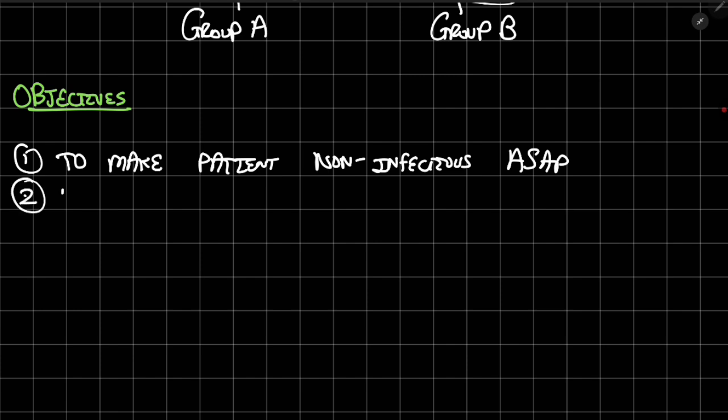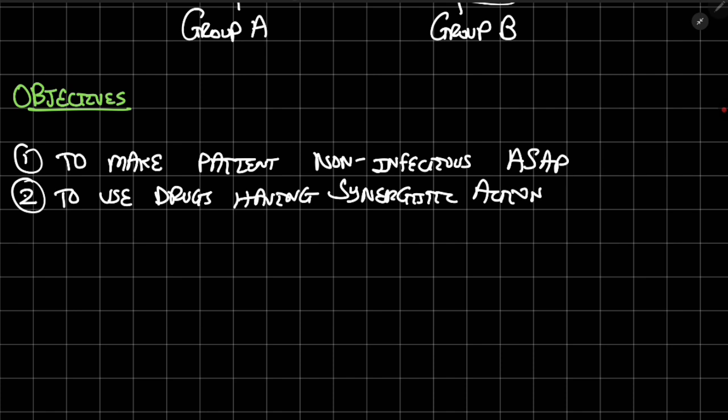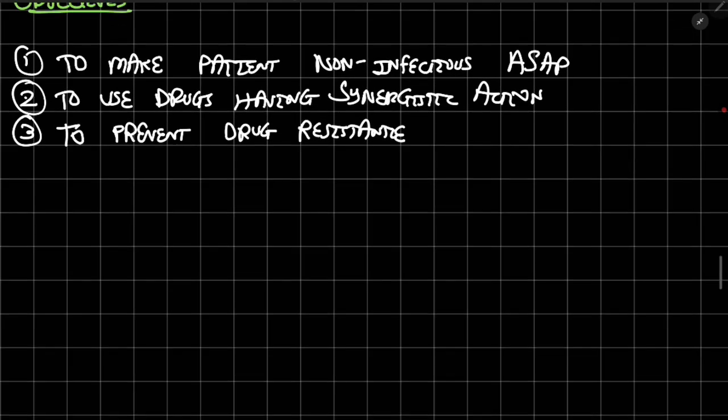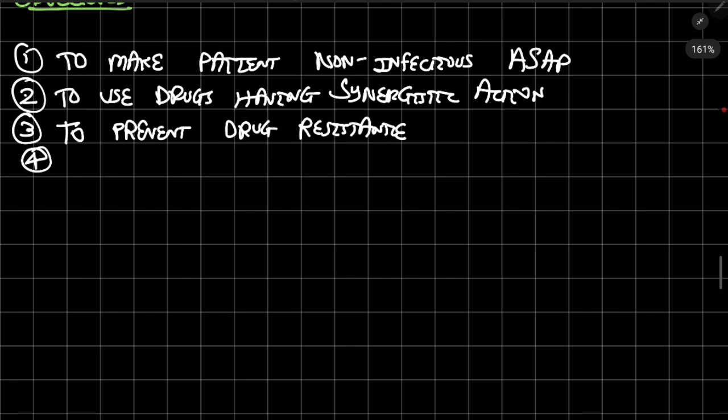Second objective is to use drugs having synergistic action. Third objective is to prevent drug resistance. This is the need of the hour objective. Then to prevent relapse, and lastly to prevent mortality.